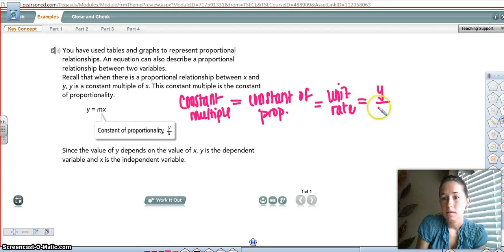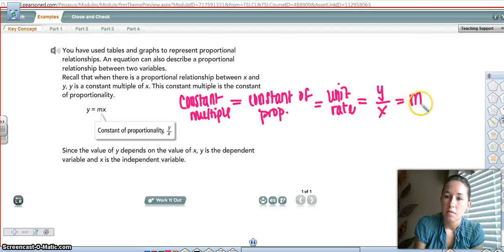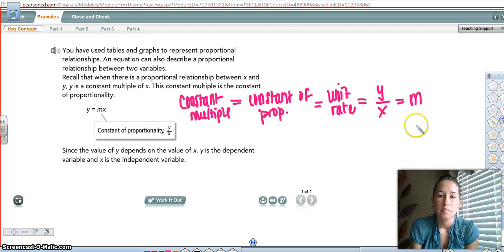And we know this is always y over x. And now in our example of an equation that represents a constant proportionality, we'll use the variable m for this value. Just a special variable that we always use for this special number.